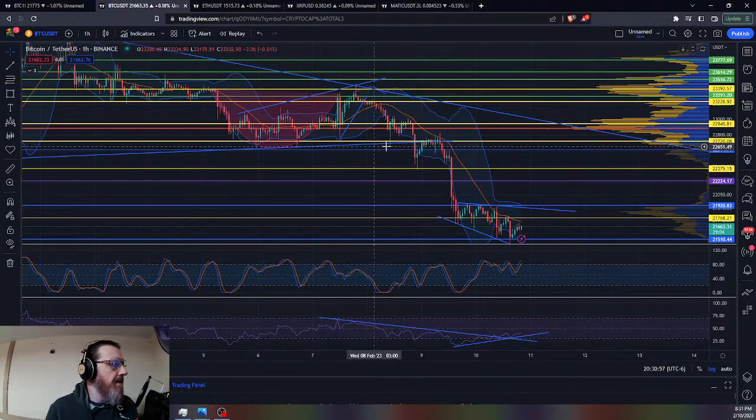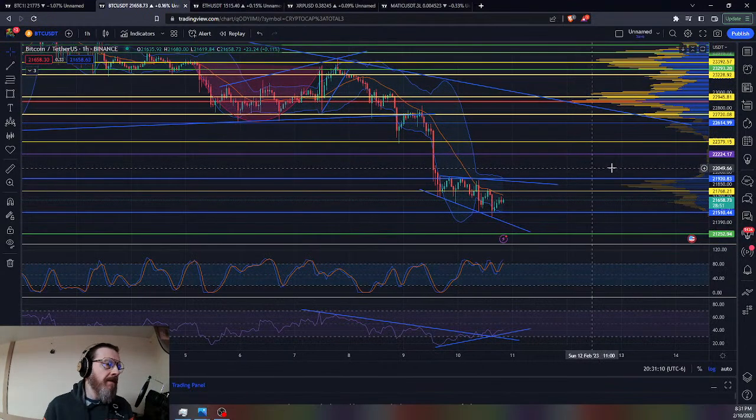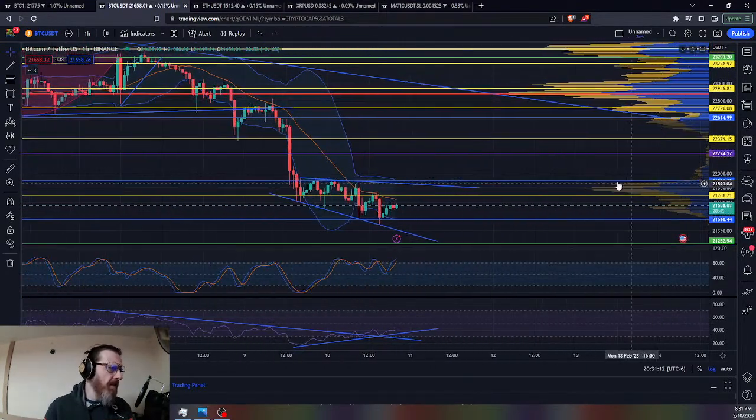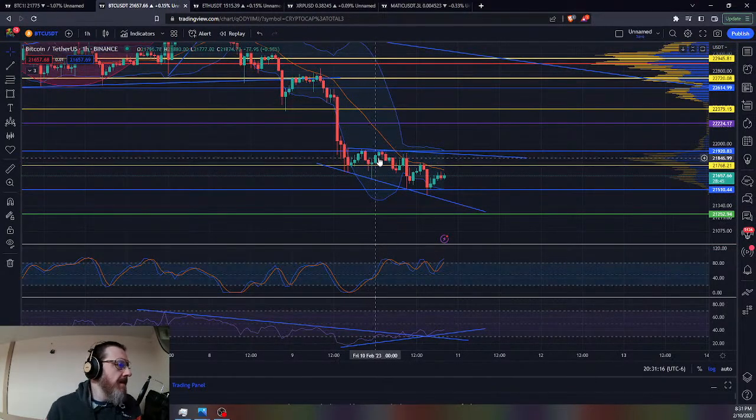Came down, tested this bottom trend line here. Had a failed attempt at the middle Bollinger Band. Broke down below it. Bearishly retested. And then we saw this breakdown here. And that breakdown currently has us in this descending broadening wedge, which technically should be a bullish pattern.